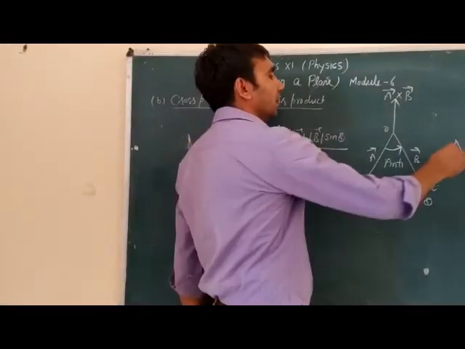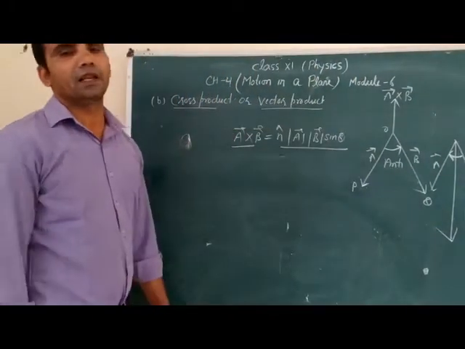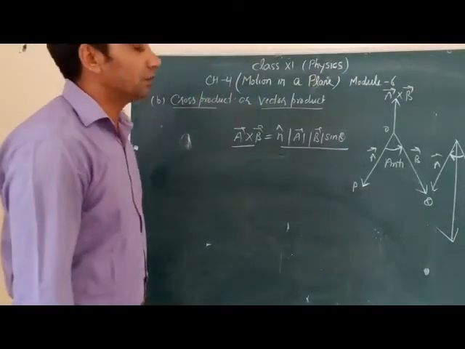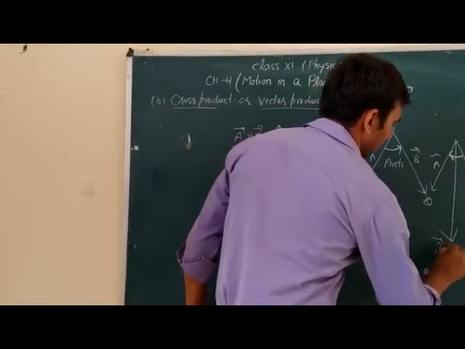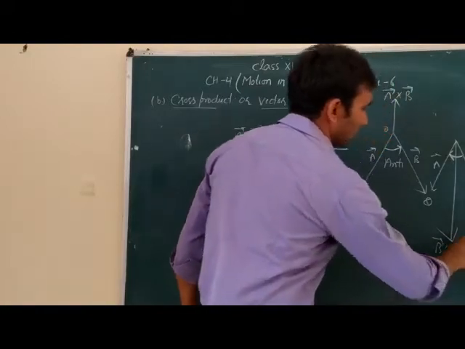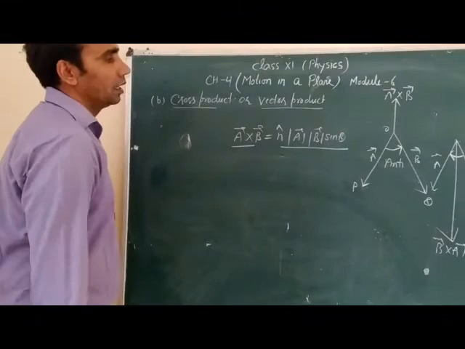Now we get vector B cross A along the z direction.